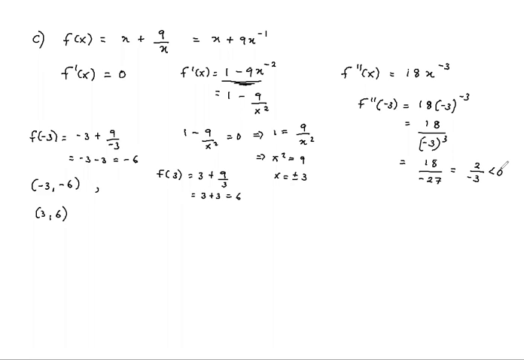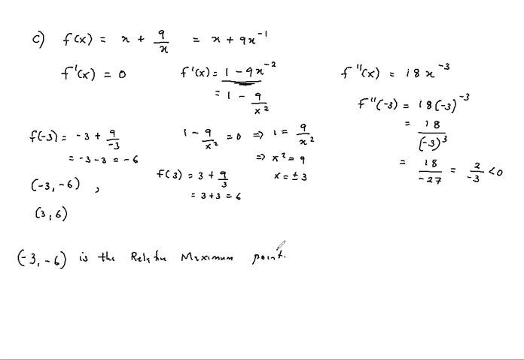If the second derivative is less than 0, it means that the point (negative 3, negative 6) is the relative maximum point.